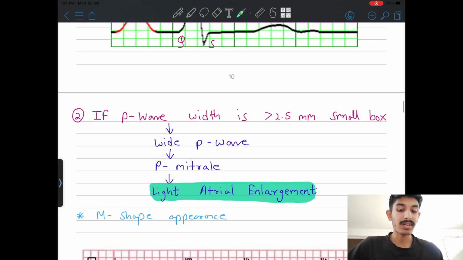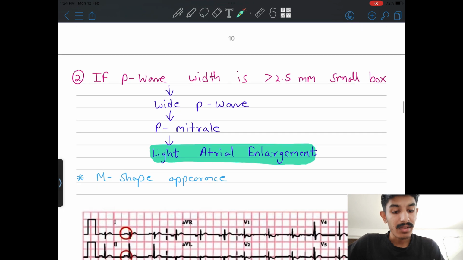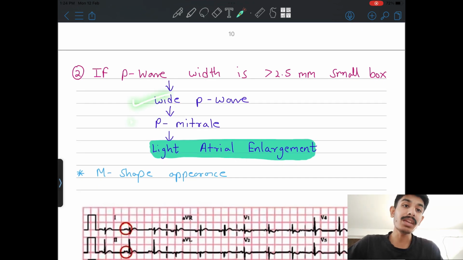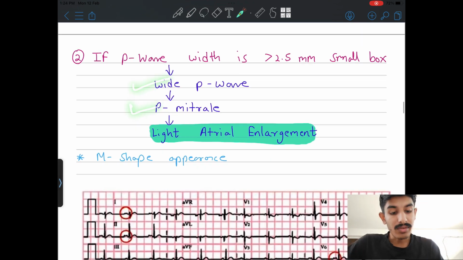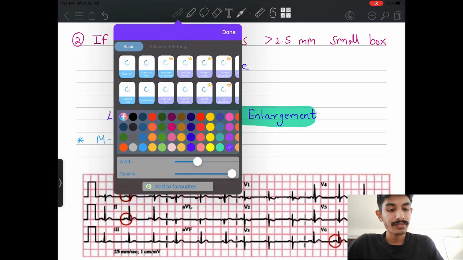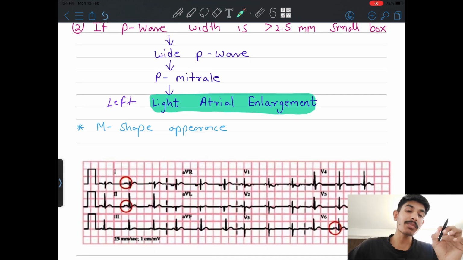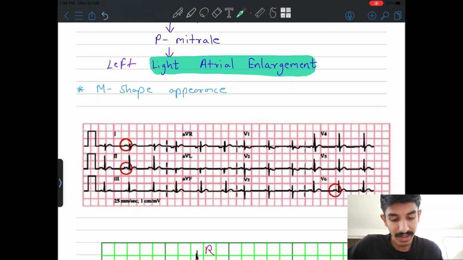Now the next part: if the P wave is wider, what do we do? A wide P wave is known as P mitrale. Oh, I just made a mistake here, it's left, please make it right, left atrial enlargement. It is recognized by an M shape. You can see the M shape in the ECG graph. Just look at this second lead.